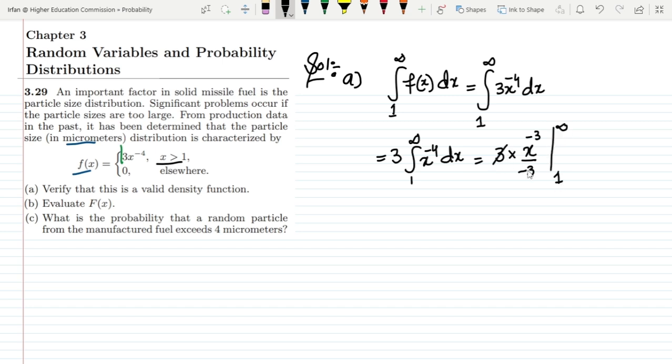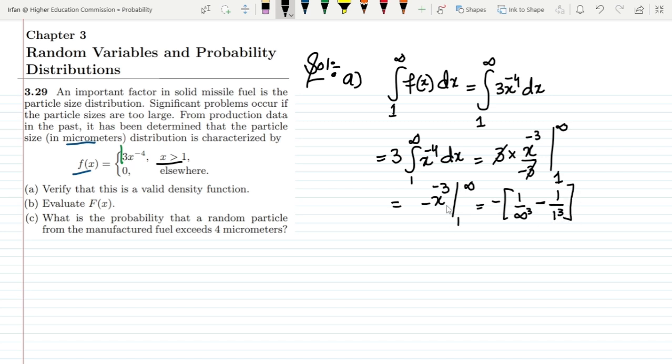These two will cancel out, and here we will get -x^-3 from 1 to infinity. Let me put in the ranges. I will get 1 over x^3, so it will become 1 over infinity cubed, and similarly from it I have to subtract the value at 1, which is 1 over 1 cubed.